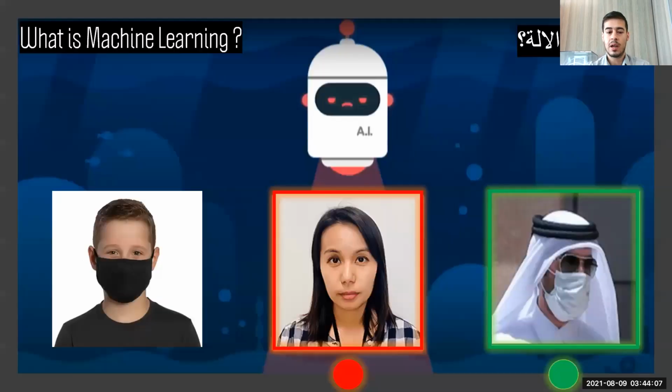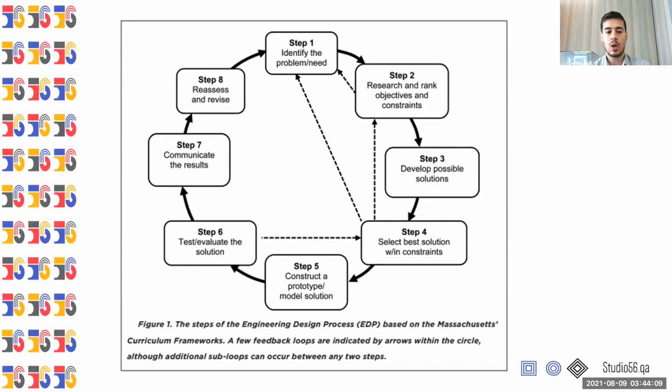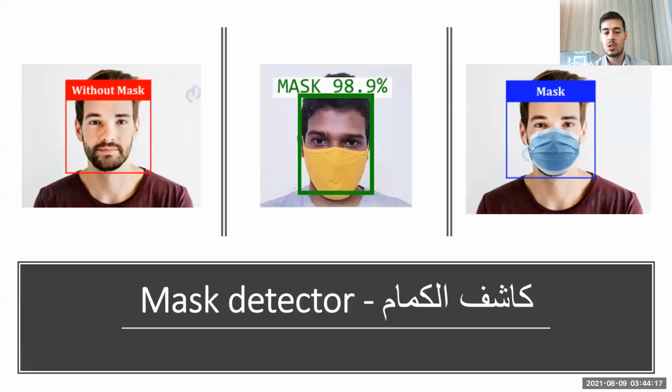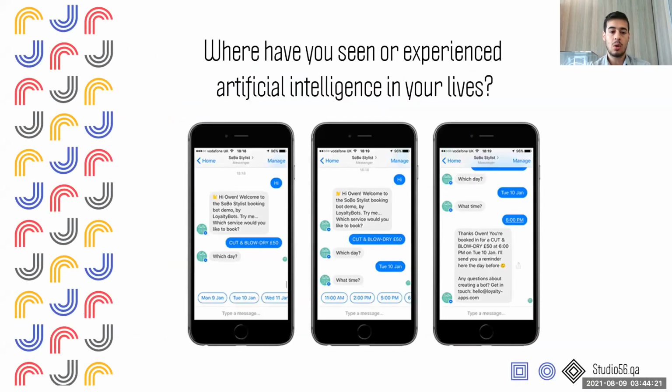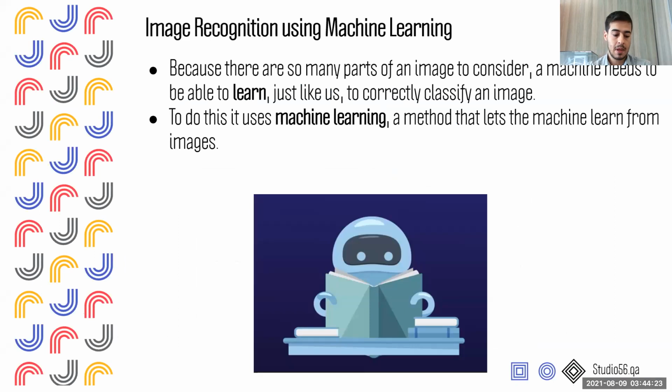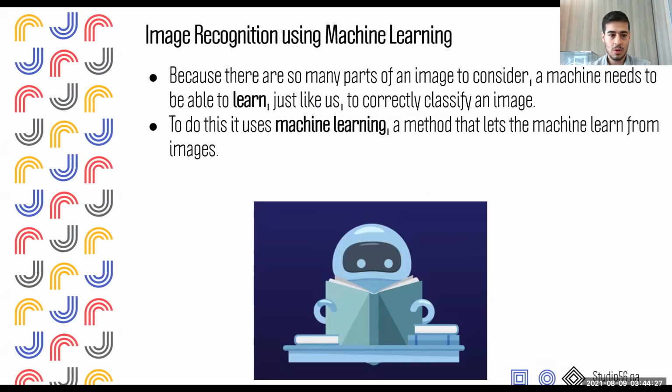Now, after they learn what they will need to know, they will start developing the possible solution. And they will start developing the possible solution by introducing a nice tool from MIT. I'm going to share the link with you guys. I don't know if you heard about it before. It's called the personal image classifier.